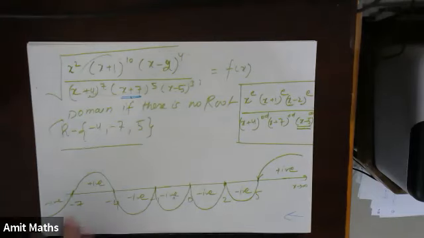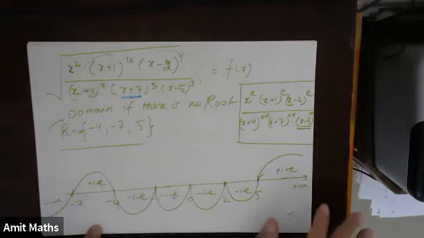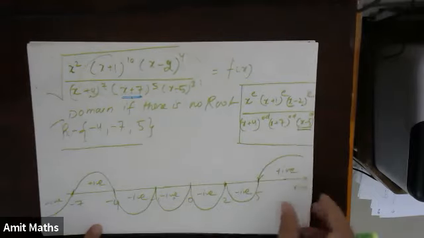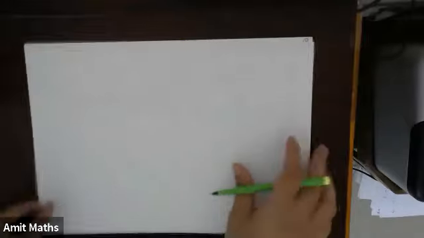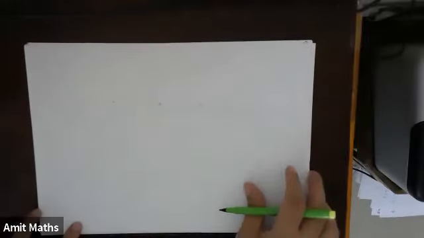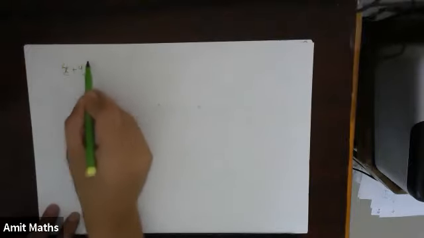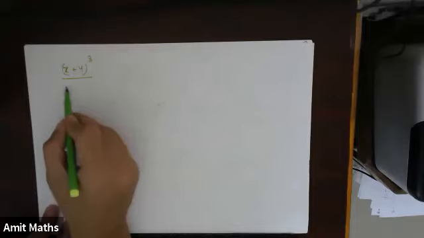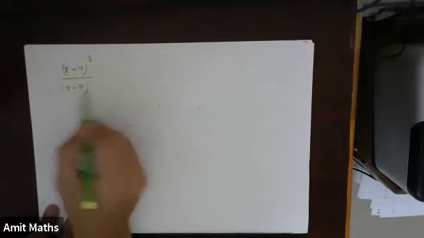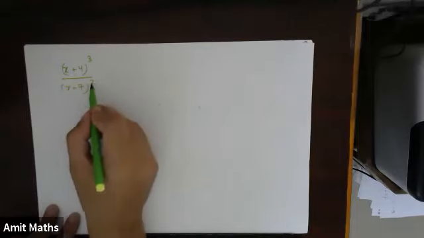Fine. Now we see the very basic concept of how this wavy curve is working. Very simple concept. Suppose I have only two factors: x plus 4 to the power 3 and x plus 7 to the power 2.